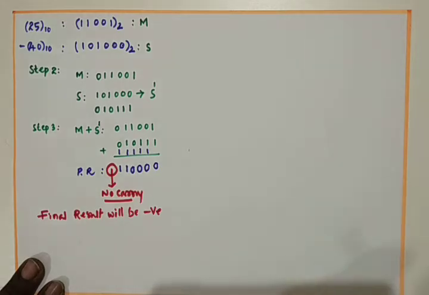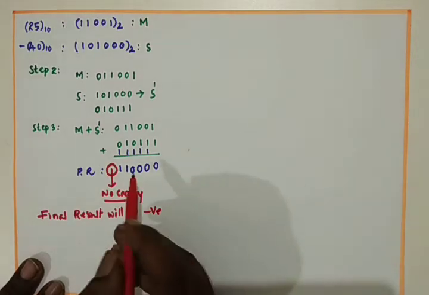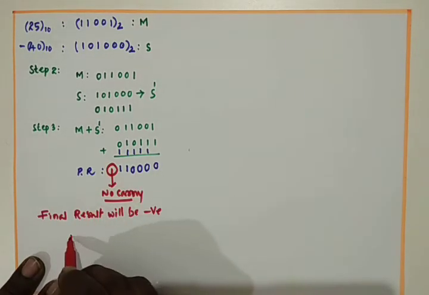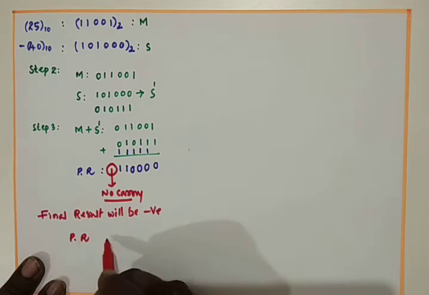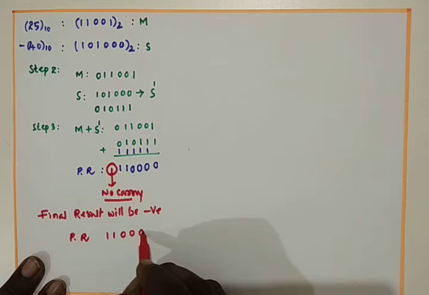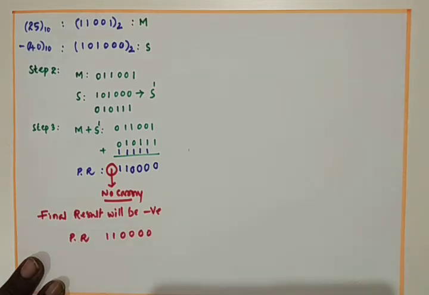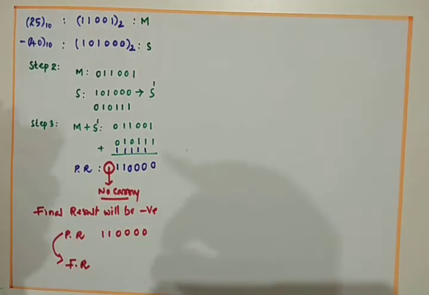Then in what way can we get that result? What is the primary result we have? The primary result is 1 1 0 0 0 1. To get the final result, from the primary result we have to take the ones complement again.